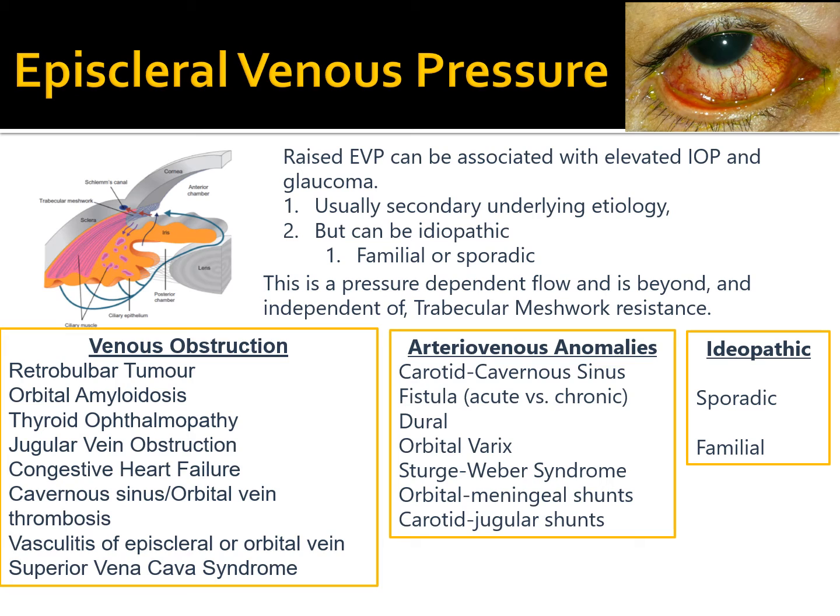You look at all sorts of things first, but it can be down to venous obstruction, retrobulbar tumors, vasculitis actually would be one that would be quite possible, carotid cavernous sinus fistula, and various other things, and idiopathic, sporadic, and familial. So rare, but the pressures would be high.